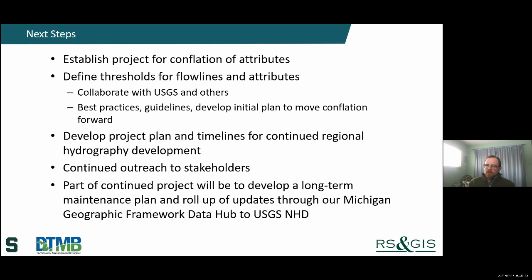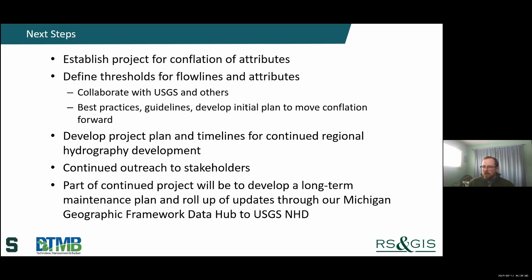So our next steps are to establish a project for the conflation that I mentioned before, bringing these attributes that we generate along and attaching NHD information to it. Defining thresholds for flow lines and attributes, working that out a little bit more, both through collaboration with USGS and others, and working through those best practices and guidelines.